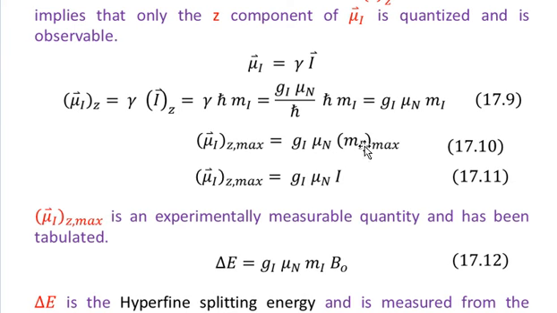And the maximum value of mi will be equal to capital I, because mi will change from 0, plus or minus 1, plus or minus 2 and so on up to plus or minus capital I. So its maximum value will be plus capital I, which I have written in equation number 11. So the maximum value of the z component of the nuclear magnetic moment will be equal to gI into mu n into capital I, and here this capital I is actually the maximum value of the spin quantum number.